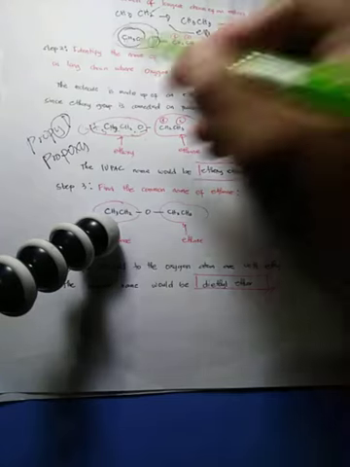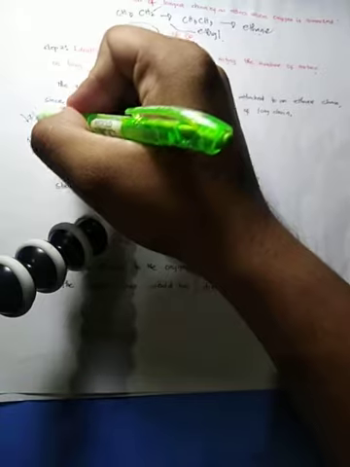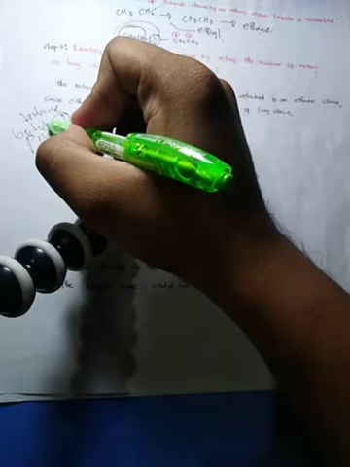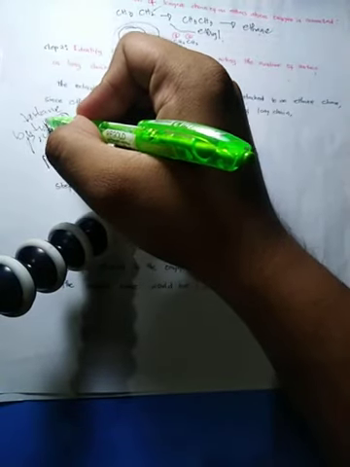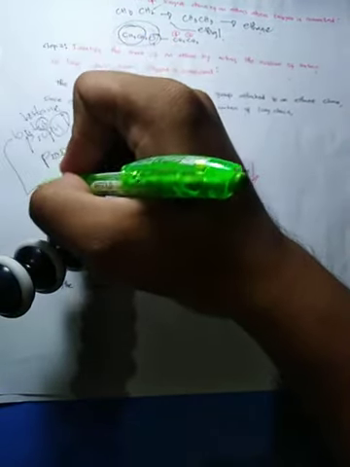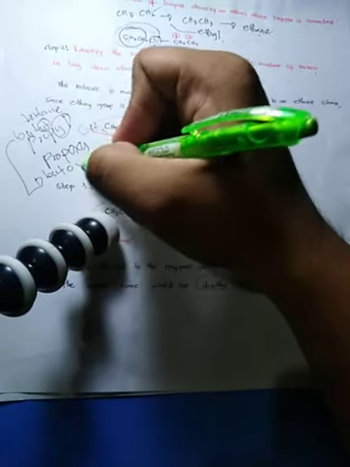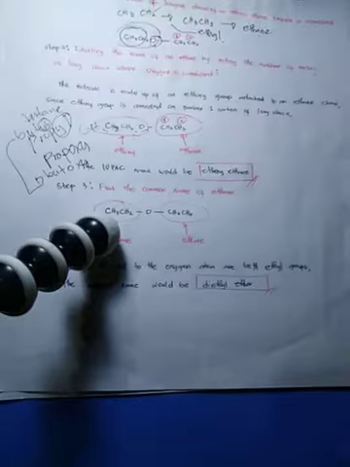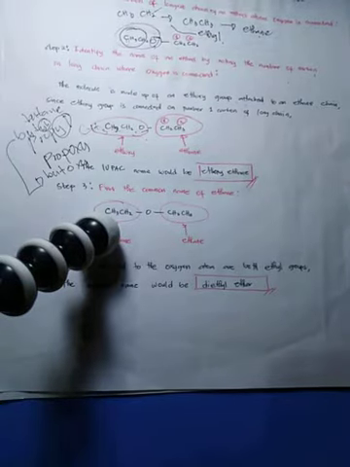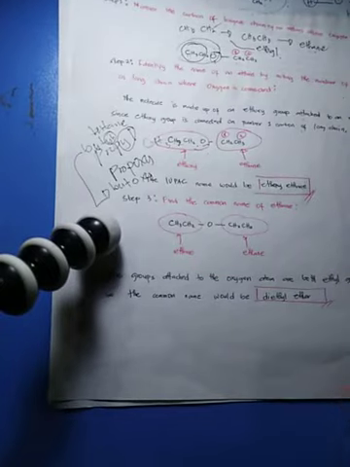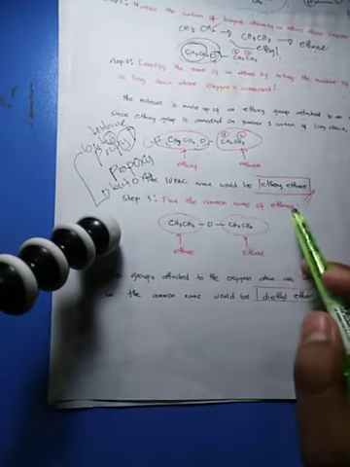For example, butane, its group is butyl, tama? Kung kukunan mo siya ng oxygen, alisin mo yung YL na yan, so mangyayari is butoxy group.